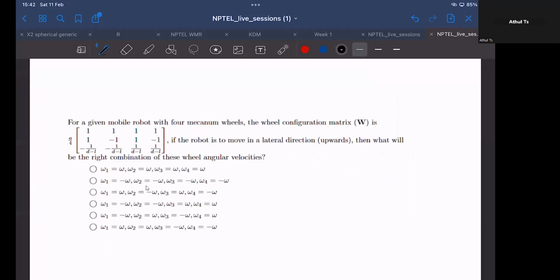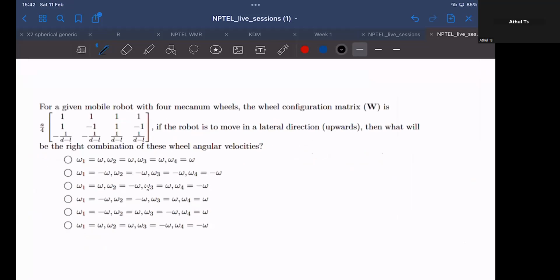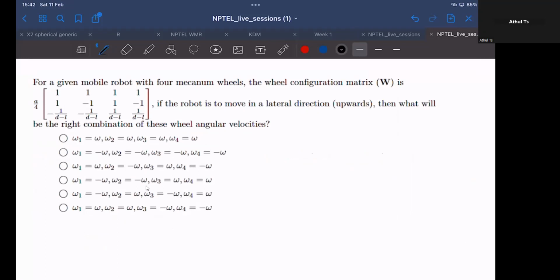So question 5, we straight away deal with the wheel configuration matrix. So for a given mobile robot with 4 mecanum wheels, the wheel configuration matrix is given as, this is a standard wheel configuration matrix of a 4 mecanum wheel drive.